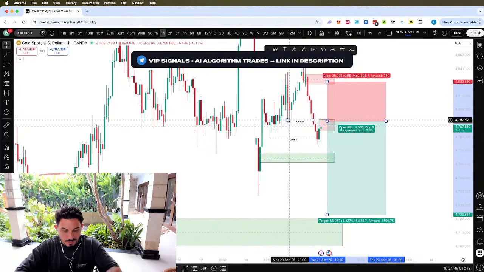Okay, guys, I'm just going to prepare the signal for now so everyone has a chance to enter. Not just yet. Waiting for price to push up slightly higher.